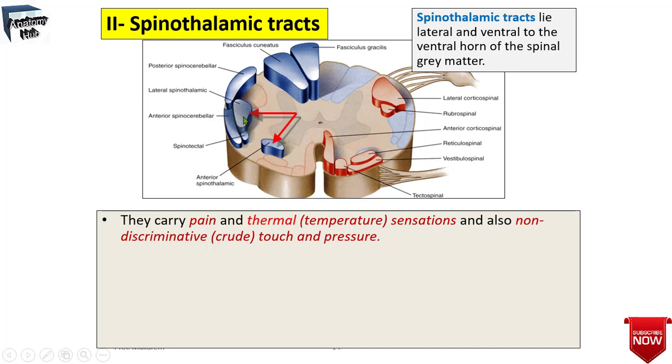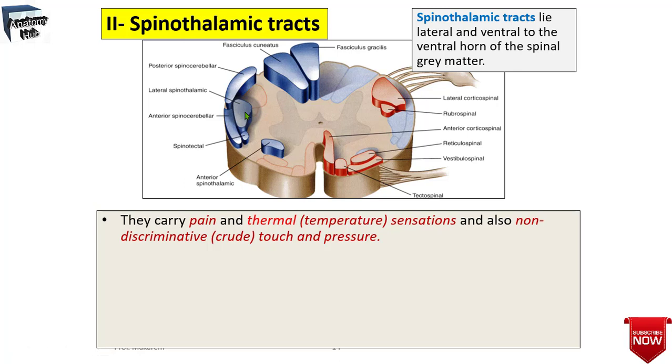The lateral spinothalamic tract that you can observe over here, its fibers lie in the lateral funiculus and medial to the ventral spinocerebellar tract that you can observe here, and it carries the pain and the temperature sensation.